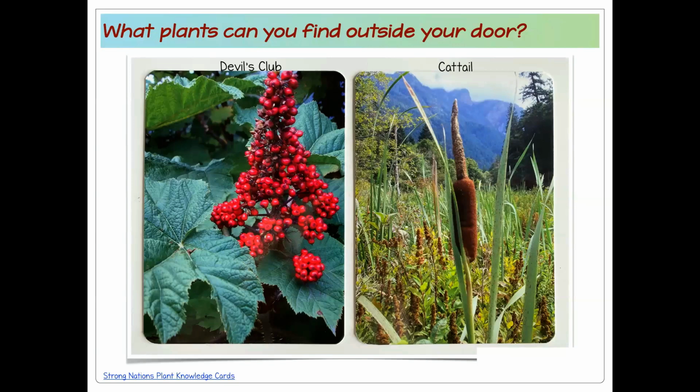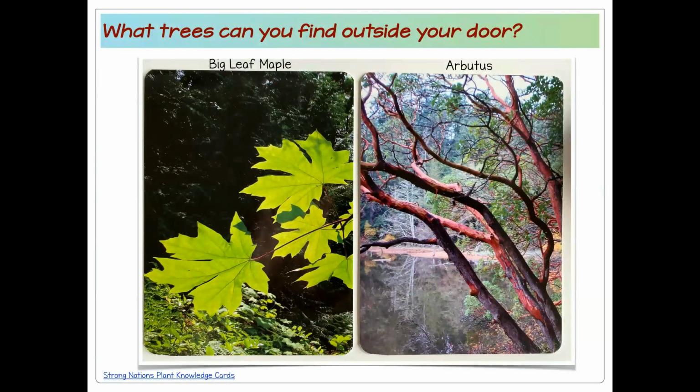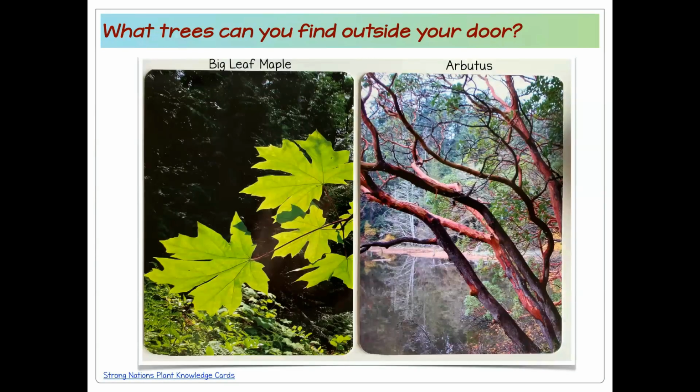So she didn't have all of the cards. There's quite a few of them, but she just picked out what might be seen in the area, and she had them with her. And every time that they went out, if a student found something, they would look it up together and discuss. So different ways to look at trees on those cards too.